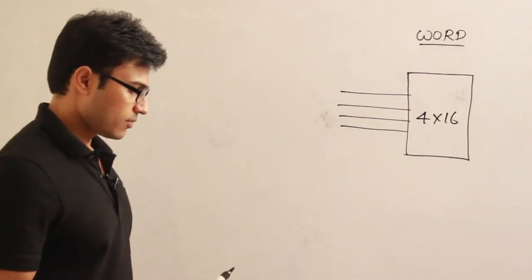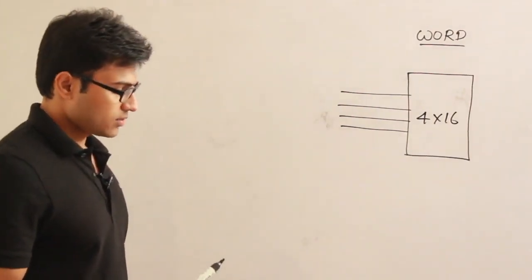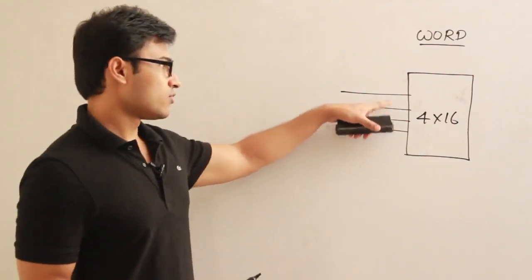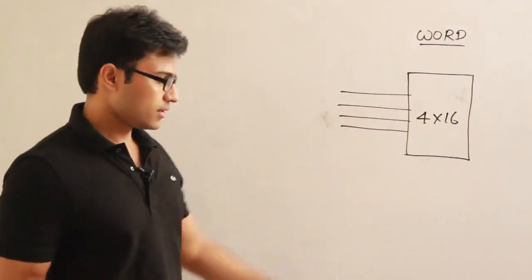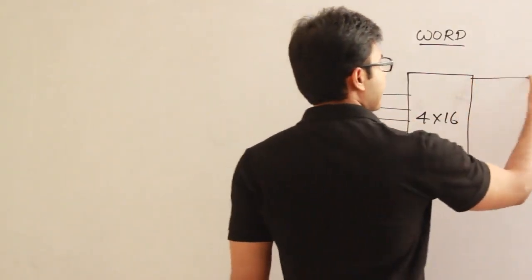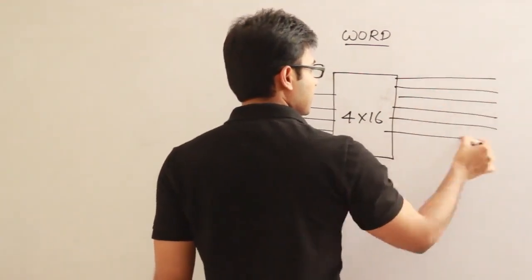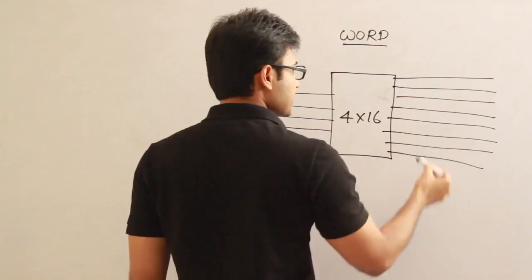Instead of talking about RAM, let's talk about ROM first. ROM is a combination of this decoder and then the matrix, isn't it? Let us say it is 4x6.